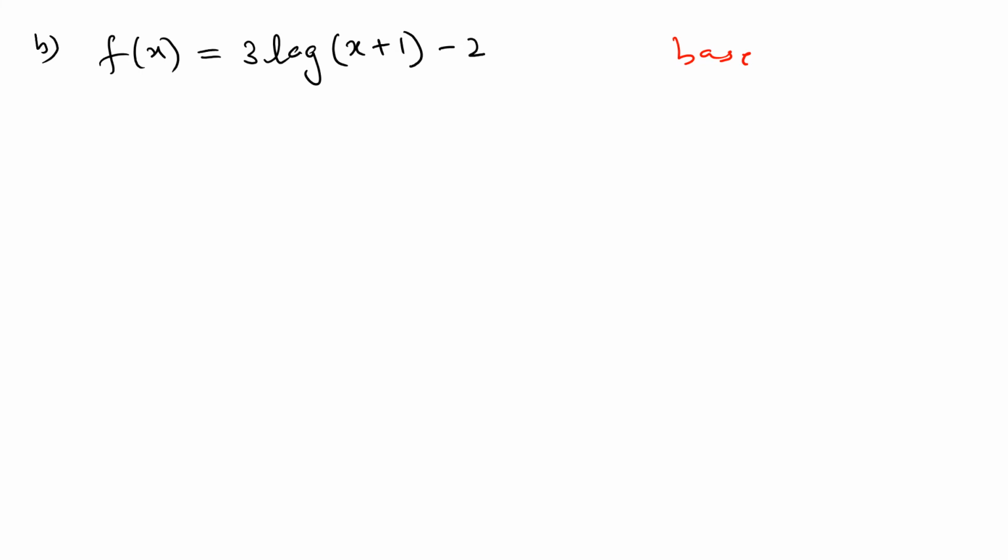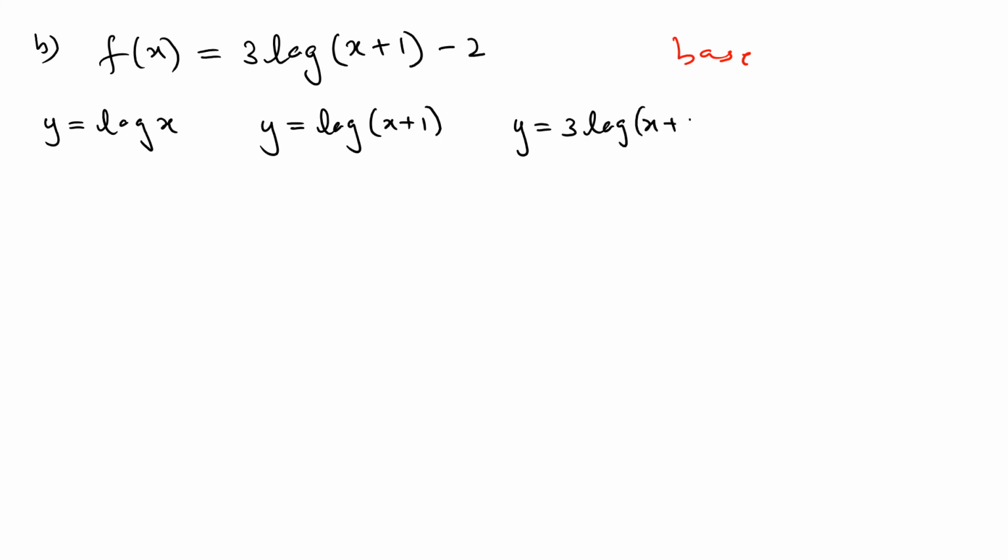We're gonna go with y equal log x, then y equal log(x plus 1), then y equal 3 log(x plus 1), and then finally y equal 3 log(x plus 1) minus 2. So let's do one by one.